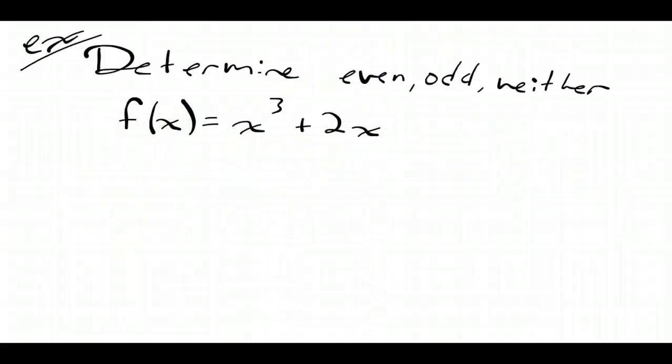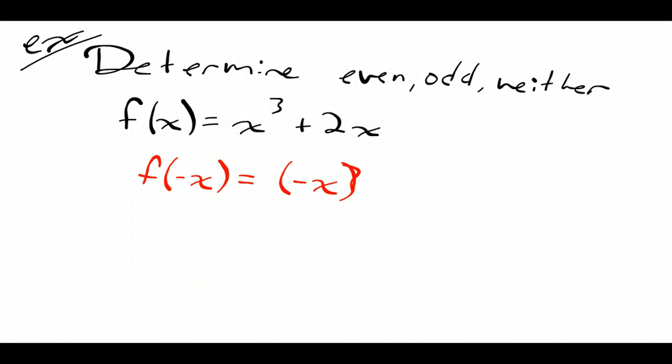Same sort of deal with this one. Determining whether it's even or odd or neither. I have f of x equals x cubed plus 2x. Just like any of these, if you're testing even, odd, or neither, all you're going to do is plug in a negative x where you see an x. So this will be negative x cubed, plus 2 times negative x. Negative x to the third is 3 negatives multiplying. 3 negatives will come out to be negative x cubed.